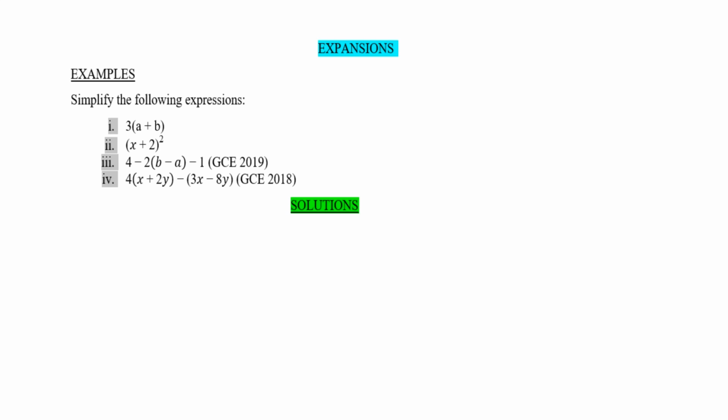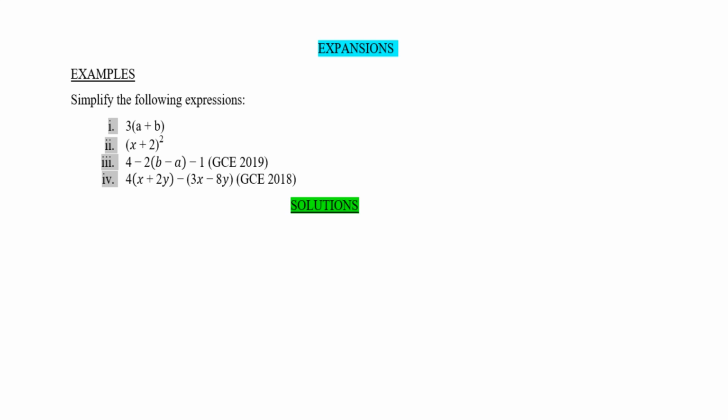Then we have 4 in brackets x plus 2y close bracket minus open bracket 2x minus 8y close bracket. Even this question was gotten from GCE 2018 in paper 1.